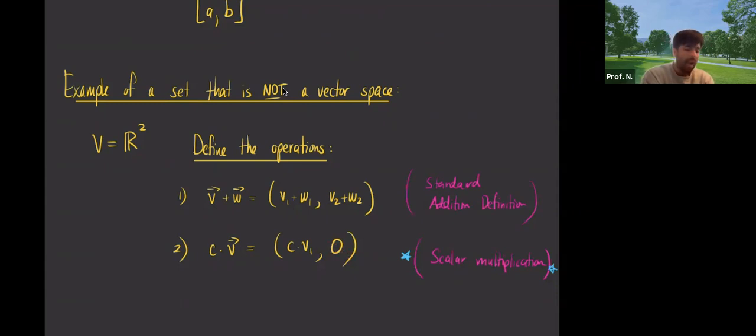So you may think, but why are we doing this? This is just an example to show you that there's some arbitrariness to these operations. You can create your own operations. It's just that this is standard: adding component-wise, V1 with W1, V2 with W2, but we can also define addition differently. This doesn't have to be the only way to define addition.